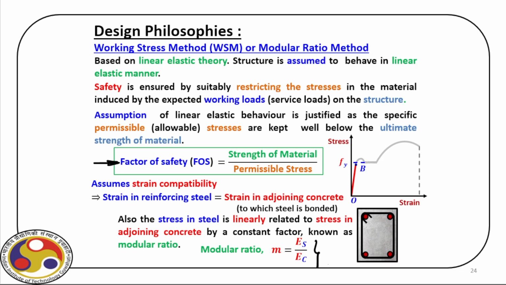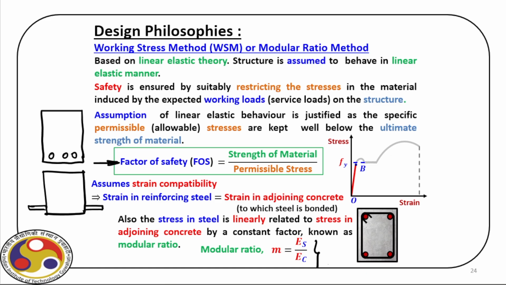Now, in this method, if we have a cross-sectional area of steel, with the help of this modular ratio, we convert it into equivalent concrete section. And that is very handy so long as we have linear variation of strain along the cross section.